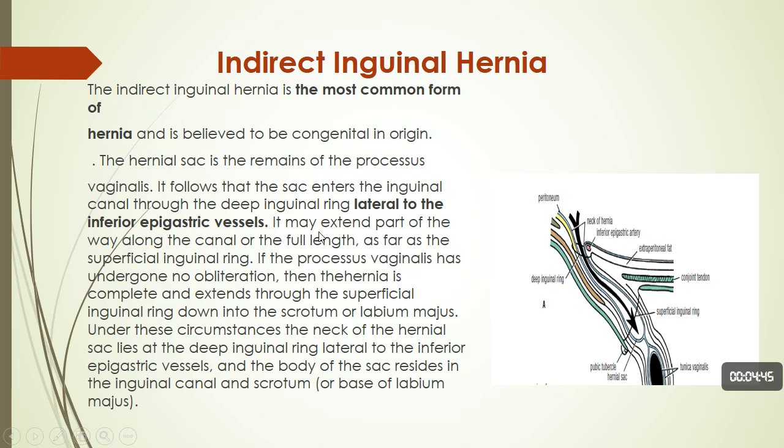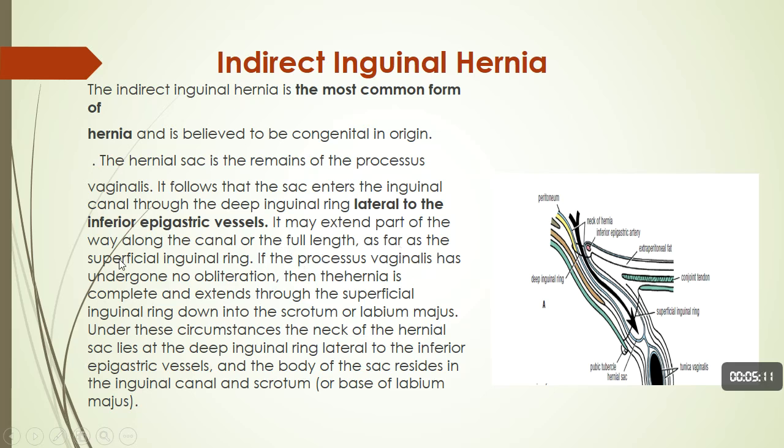It may extend part of the way along the canal or the full length. It means that the small intestine coming to the canal may only come until here, or may continue and the small intestine goes to the scrotum.